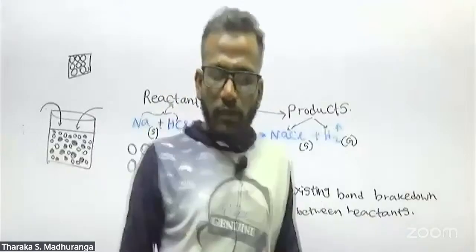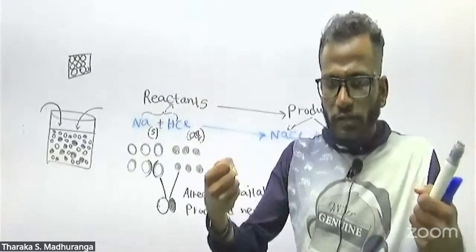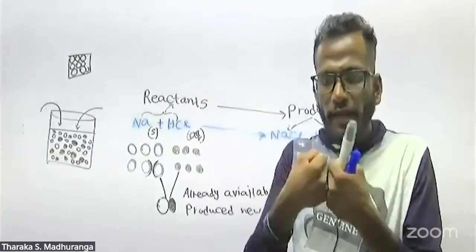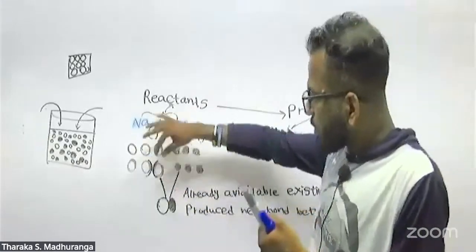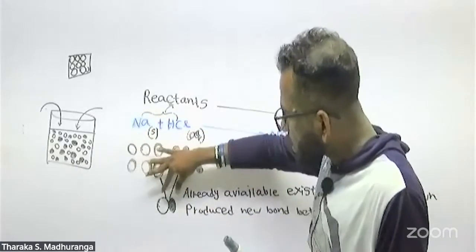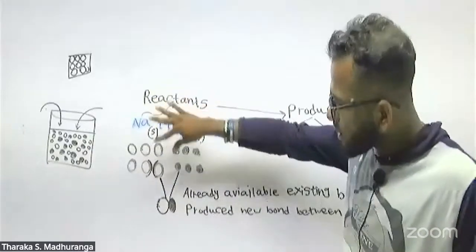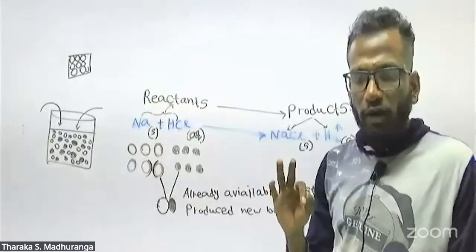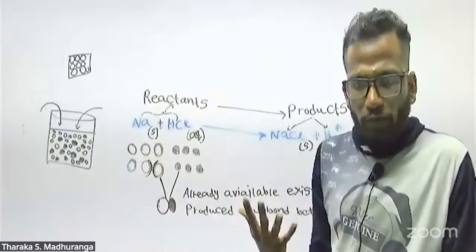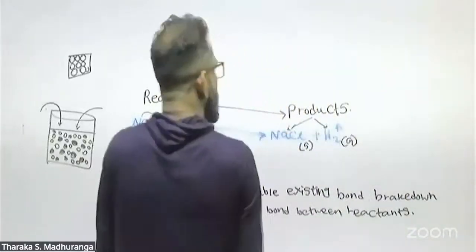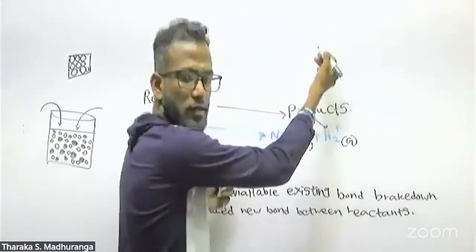Now, when these two reactant molecules collide with each other, their bonds break down and convert into new bonds. For this process, three main requirements should be fulfilled.